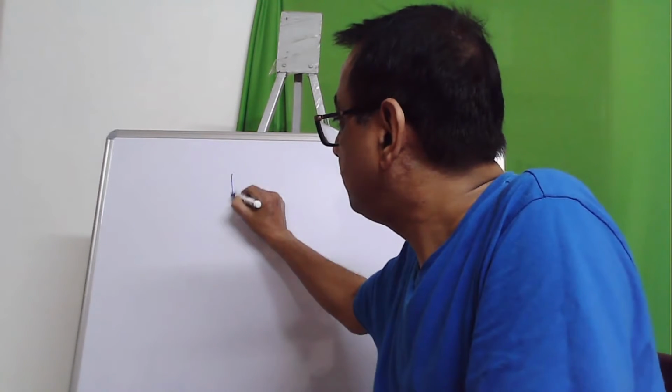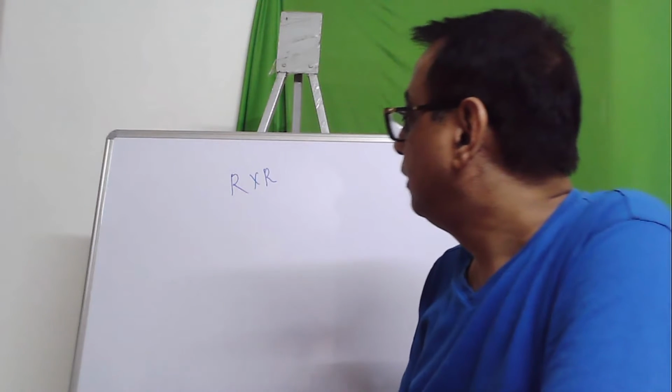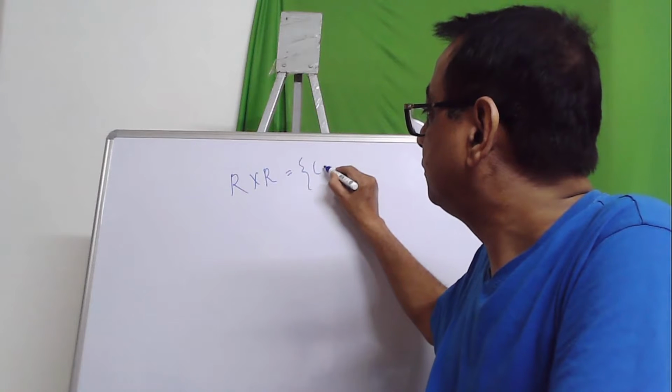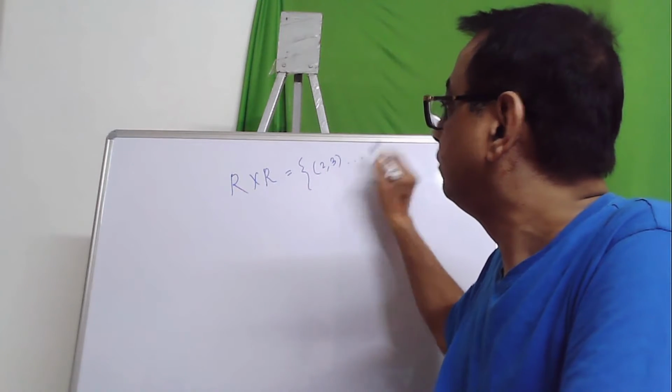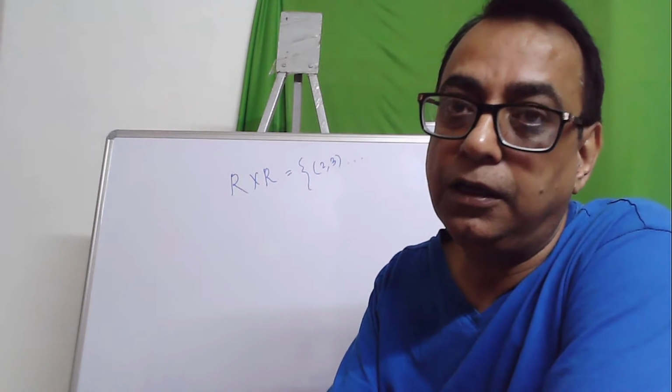And the way we represent it is we will call it R by R, the set of real numbers. And this set will be all ordered pairs of two real numbers. So this is also possible.